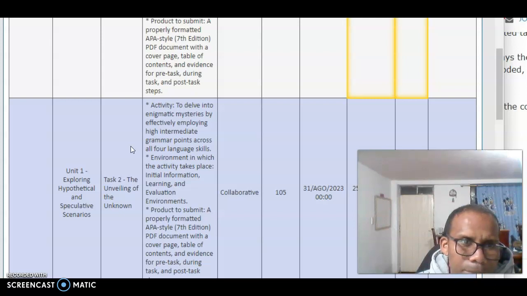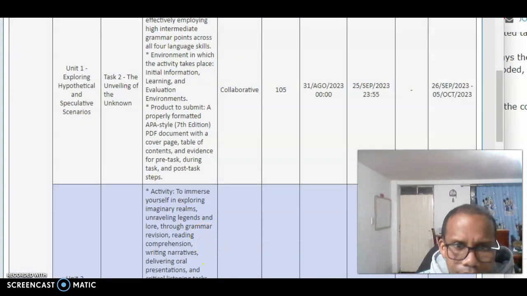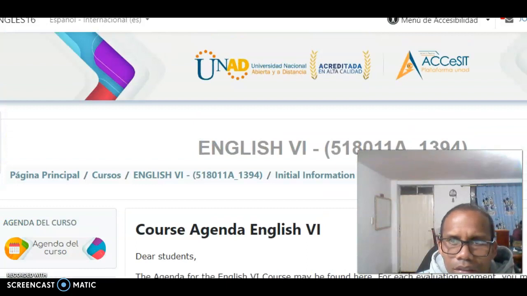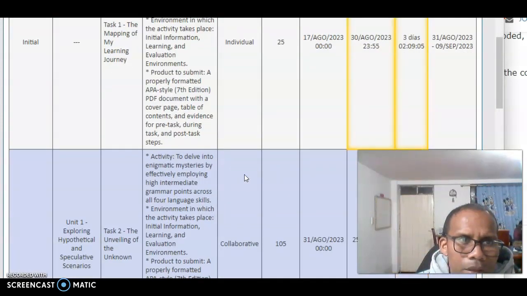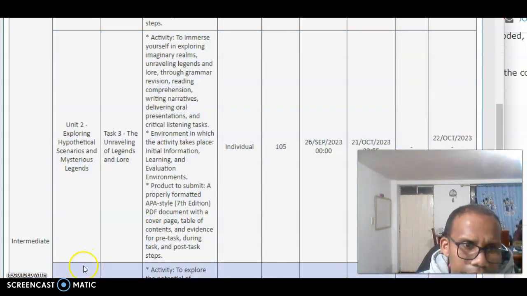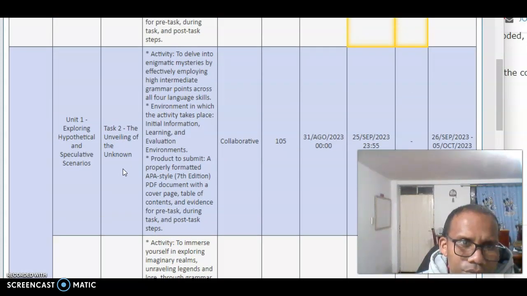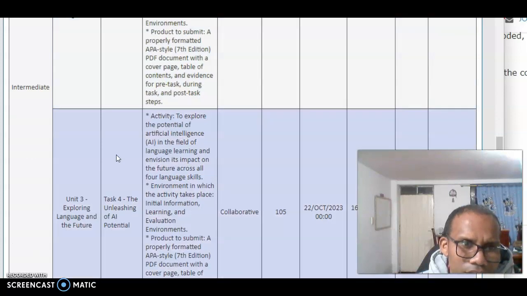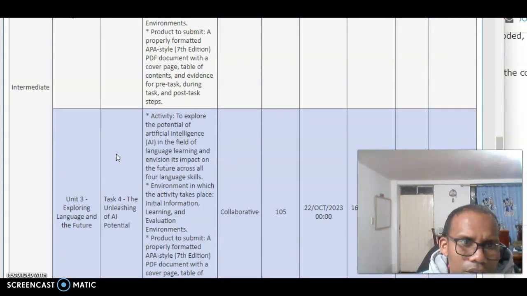In the intermediate moment we had task 2, unit 1, and task 3, and task 4.